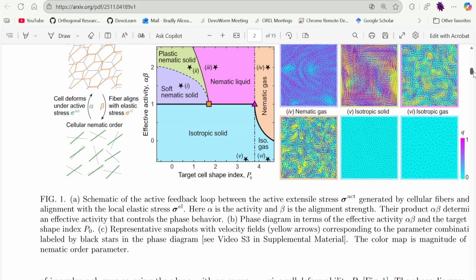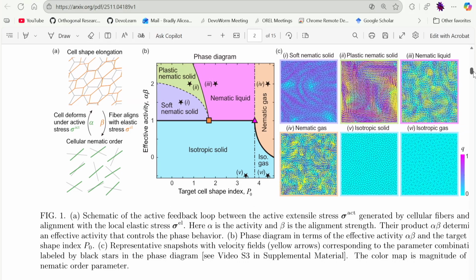Okay, so this is a schematic of the active feedback loop and active extensile stress generated by cellular fibers in alignment with local elastic stress. So A is cell shape elongation. The cells elongate along some axis here.